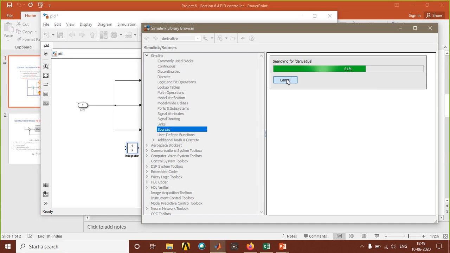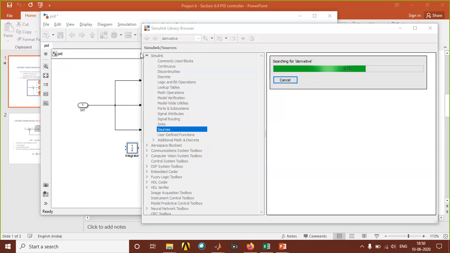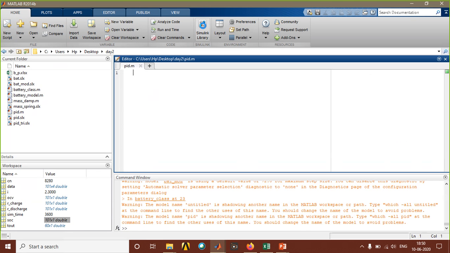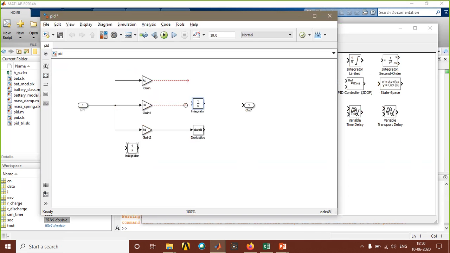It will search the entire library. Derivative, yeah, it is in the first place, sorry. Fine, so put it here. The derivative term for Kd, and for Ki I am going to use this. Just try to connect it.